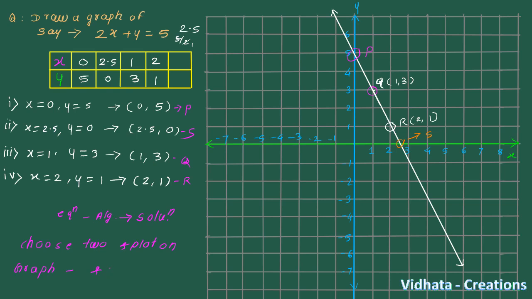Whatever line you get will be the graph of the given equation in two variables. This is a simple method by which you can draw the graph of a given linear equation in two variables.